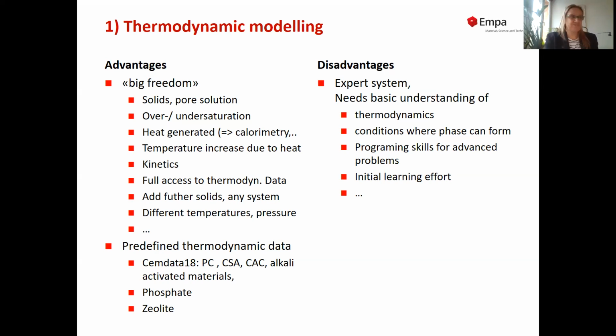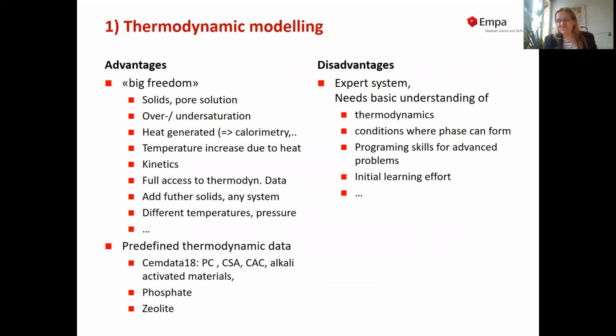You can add further solids. You can expand it to any inorganic system you can think of. You can apply it to different temperature and pressure. You even have a number of predefined thermodynamic data sets, one for cements, the so-called CEMDATA database. There are also databases available for phosphates, for zeolites, and many more inorganic minerals.